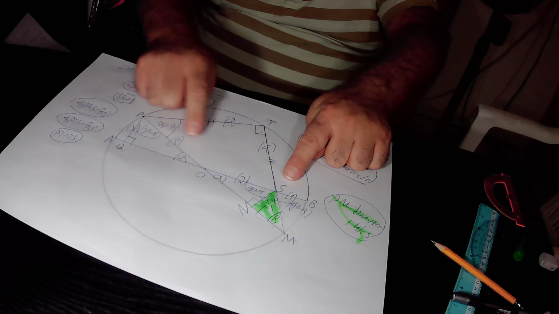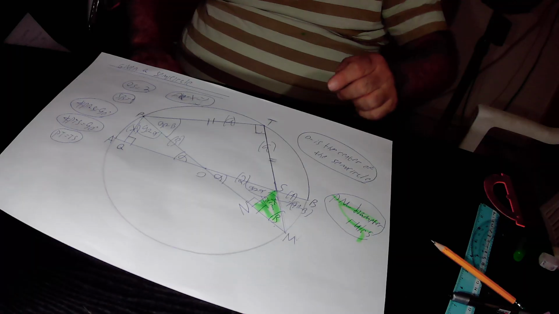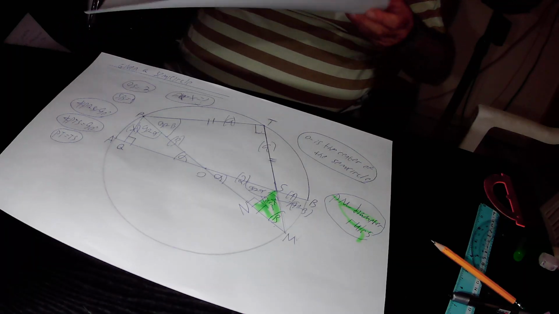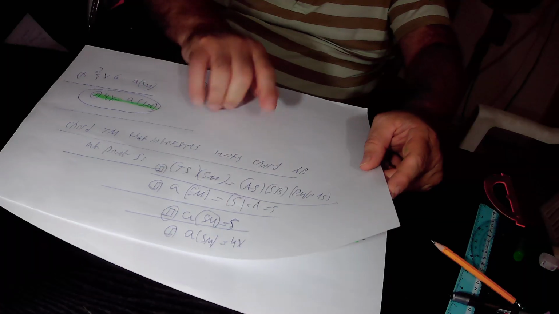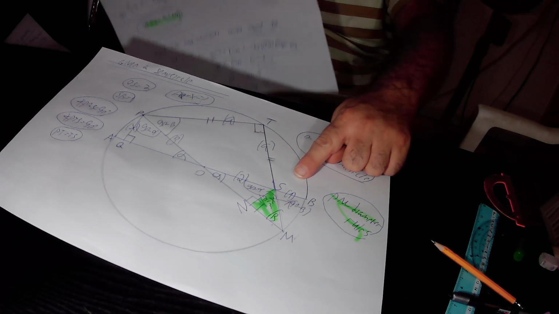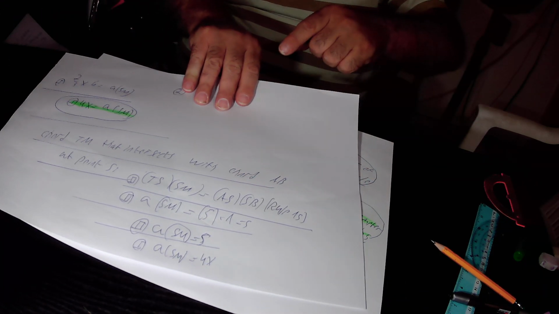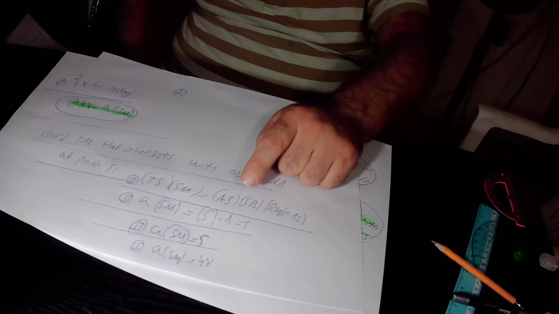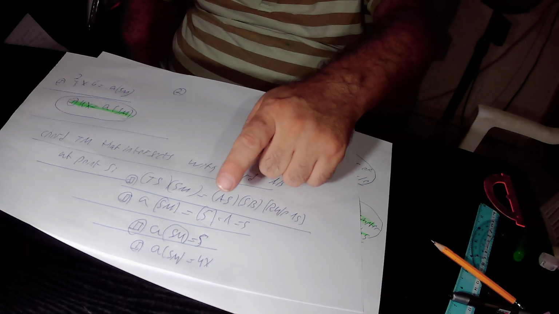So in total, AS equals 3 plus 2, that is 5. Again, AS equals 5 times SB. According to what is given in the question, SB equals 1 unit in its length. So in total, A times SM equals 5 times 1, that is 5.